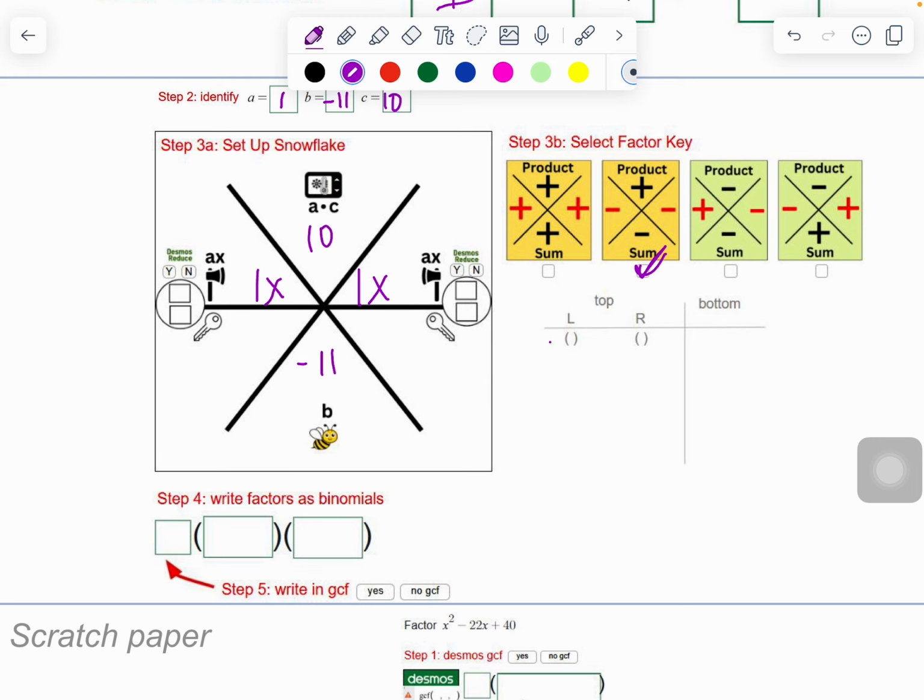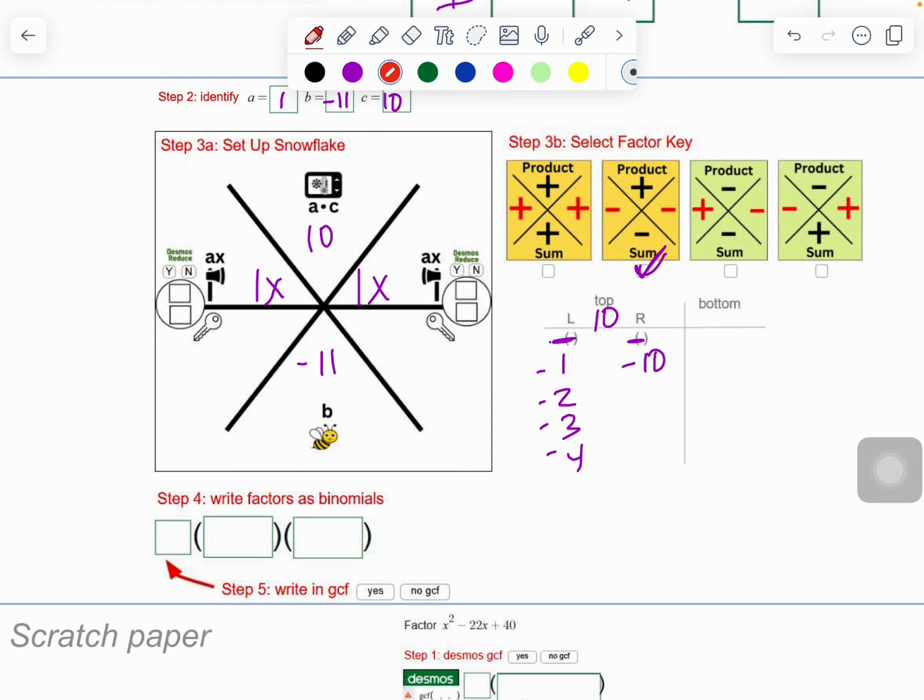So I'm going to put negative and negative, and it has to multiply to get 10. So I'm going to start with negative 1, negative 2, negative 3, negative 4. We'll see how far we get. Negative 1 times what gives you positive 10? Well, it's got to be negative anyway, so it's going to be negative 10. If I multiply negative 1 times negative 10, I get positive 10.